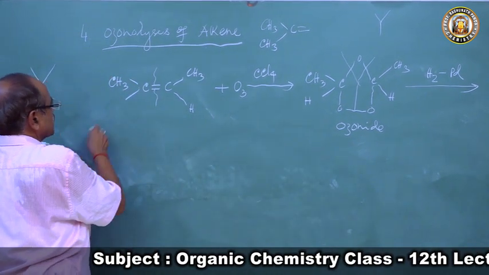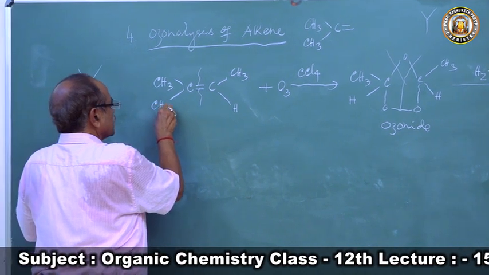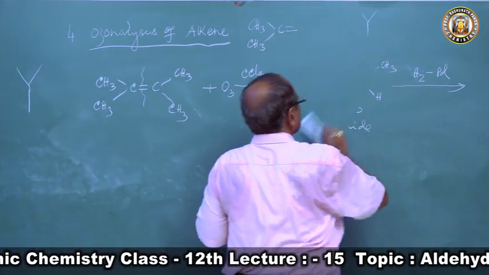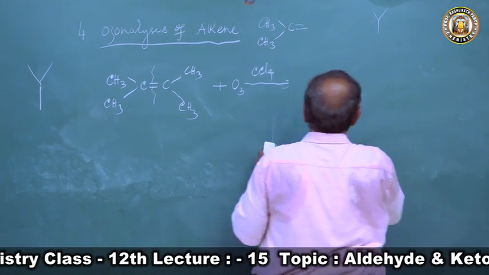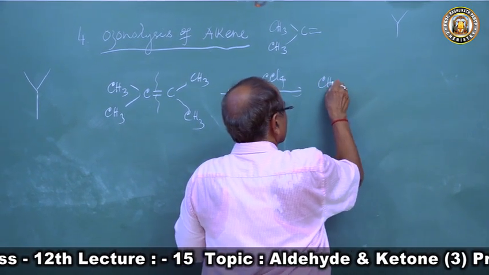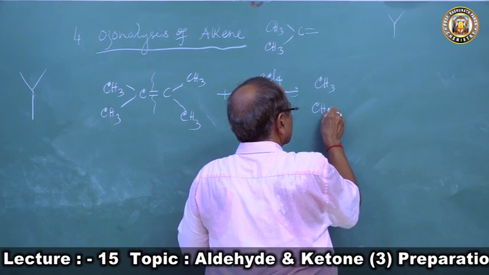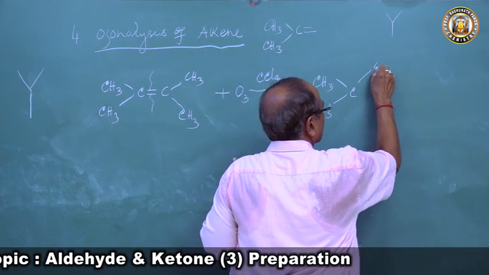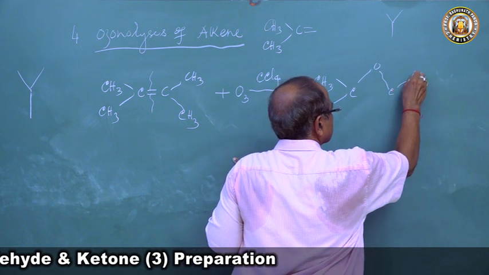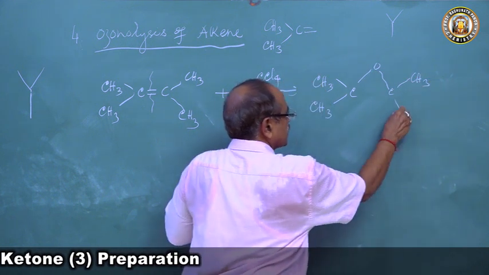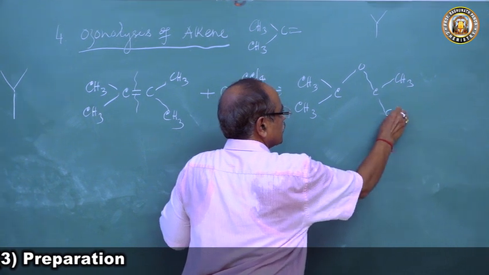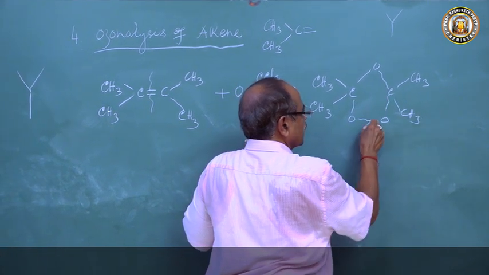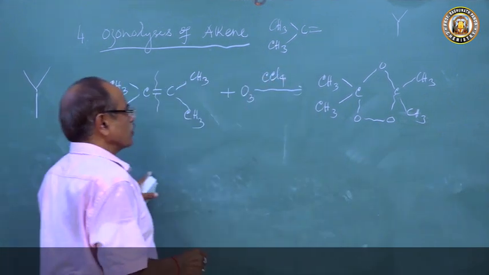If you take CH3 and CH3 here, and take ozonolysis, this will form CH3, CH3, C, O, C, CH3, CH3, O. It is an ozonide, unstable due to the peroxy linkage.